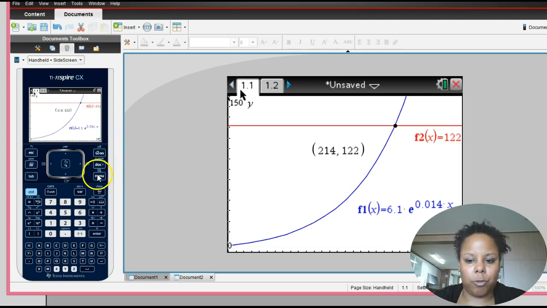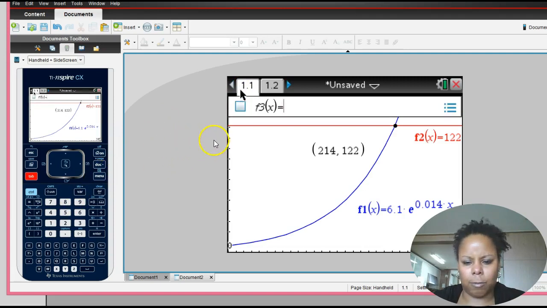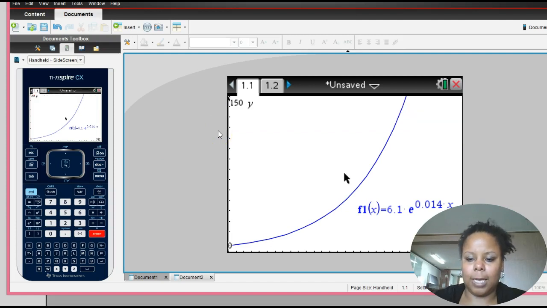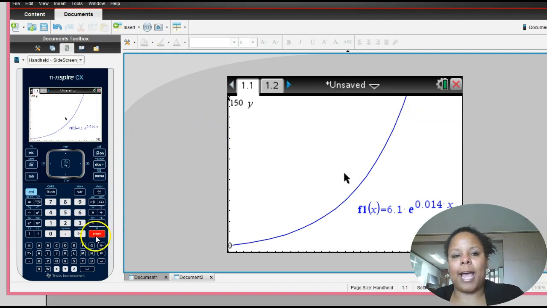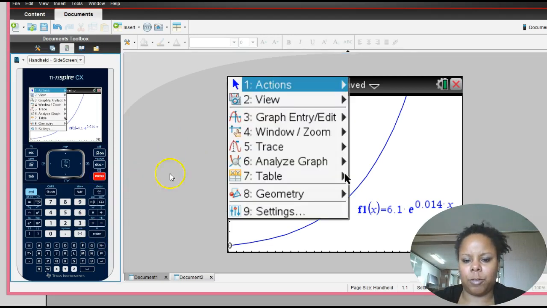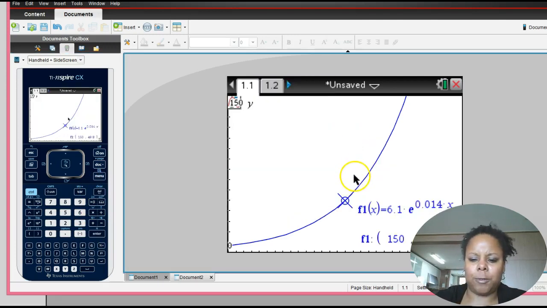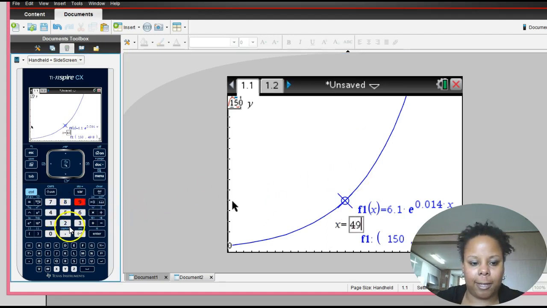If we go to menu, let me get rid of the y equals 122. We don't need that anymore. If we want to figure out what happens in 49.5 years, we can do menu, trace, and graph trace. I'm showing you another feature of the calculator. The reason I like graph trace is I can put an actual value in. I'm going to type in 49.5 because that's what it said it took to double.